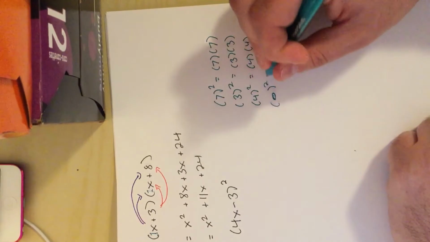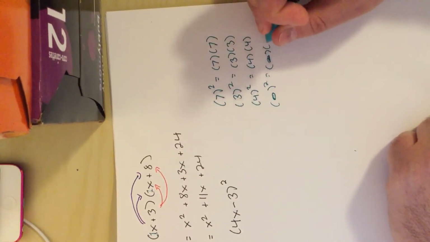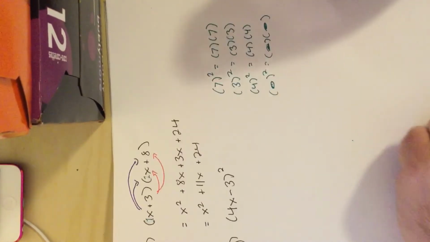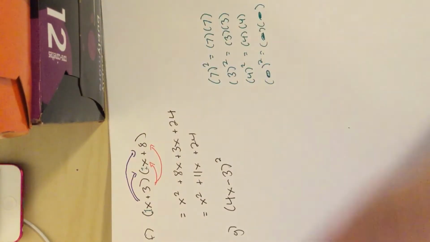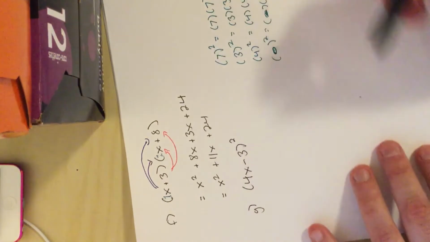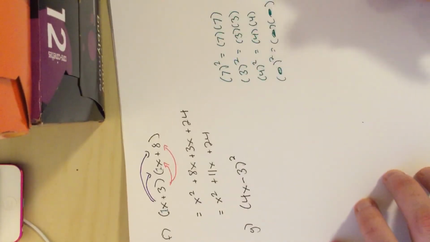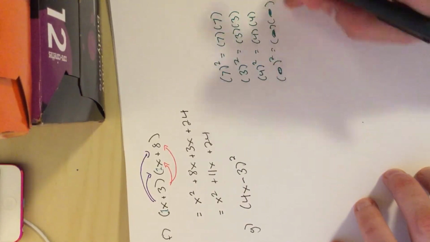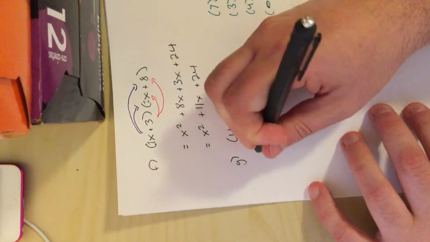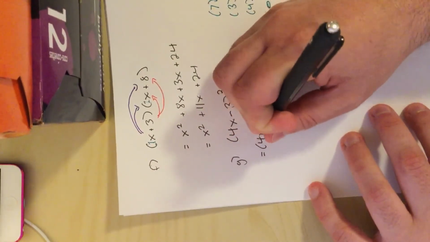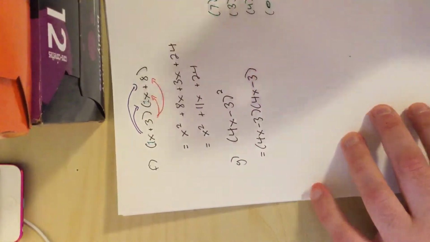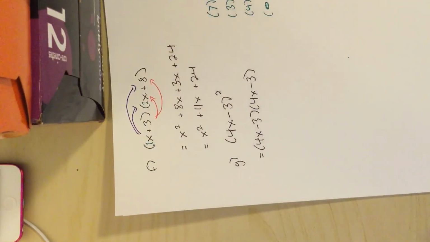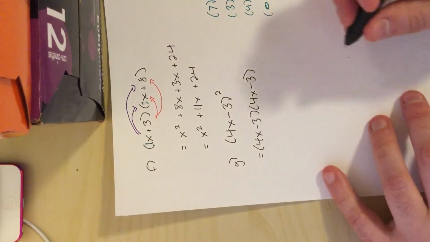Blob squared is blob times blob. So if I have 4x minus 3 squared, what this really becomes, if something is squared, it's just multiplied by itself. So another way of writing 4x minus 3 squared is 4x minus 3 times 4x minus 3. And now we're back to a binomial expansion, and so we go and we do it.